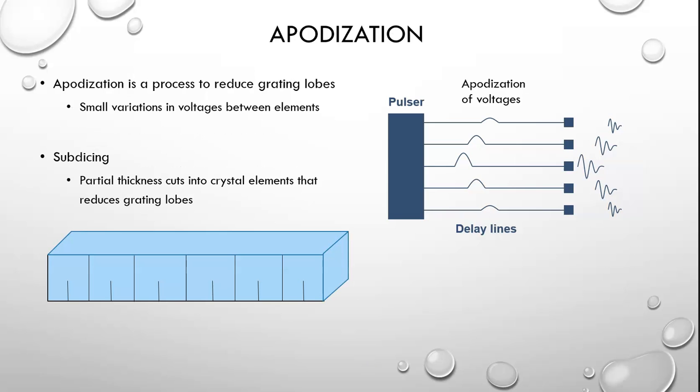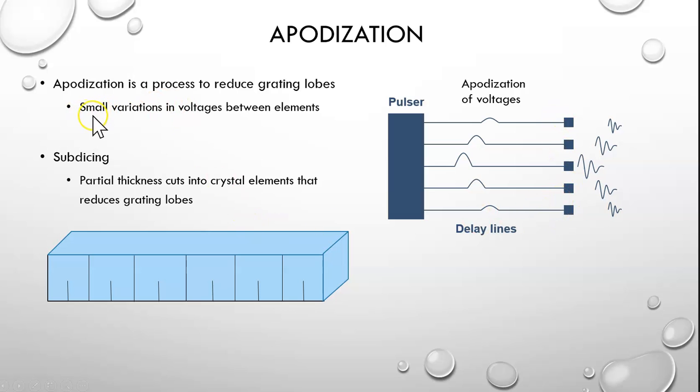There's a technique to reduce the grating lobes, and that's called apodization. And so apodization is a technique where the pulser produces voltages of different sizes to different crystals. As we have already talked about having timing delays in our voltages, apodization is a changing of the actual size of the voltage as it hits the transducer crystals.